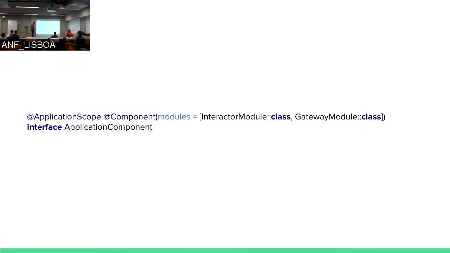And when we create this interface, we say to Dagger that we want to satisfy the dependencies using modules. And now they come, the modules associated with our architecture. The interactor module will describe how to configure and instantiate the interactors. And the gateway module will explain how to configure and instantiate the gateway implementations.